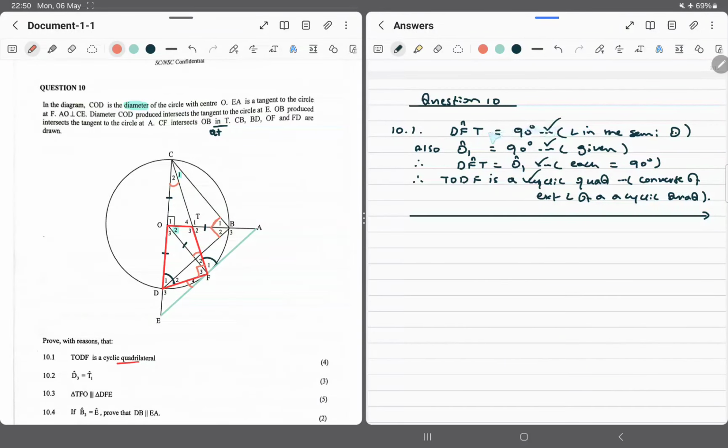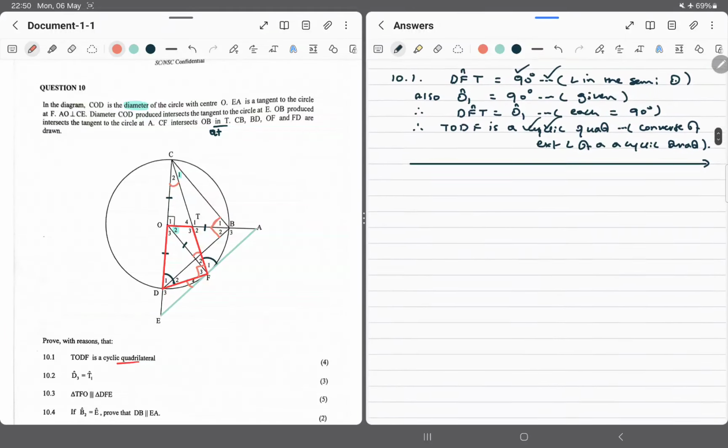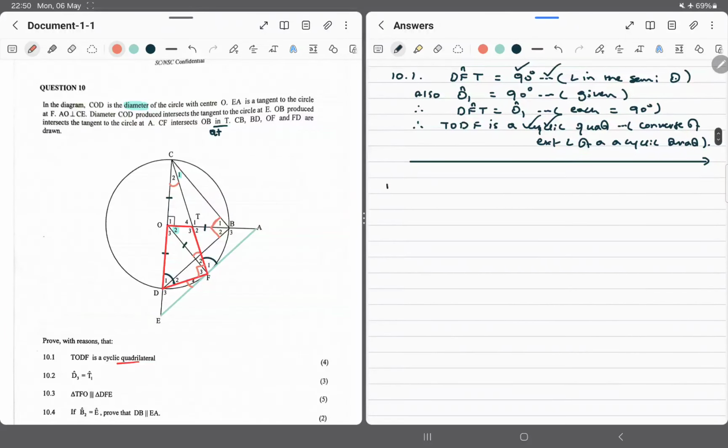It's not always 1 mark. You get 1 mark for the correct statement, 1 mark for the correct reason. I'm sure these marks are distributed like this, but anyway, it doesn't matter, guys. You will come to know how these marks are distributed once the formal marking guidelines come out.